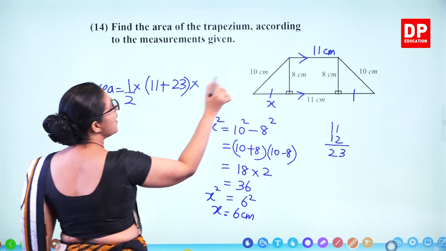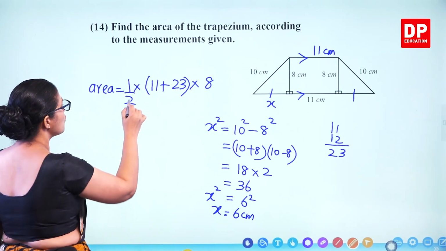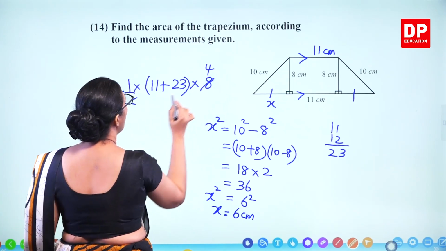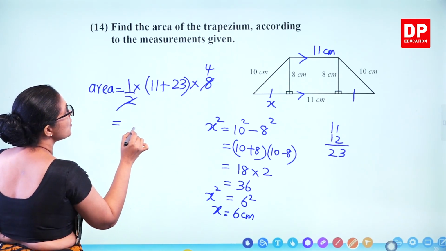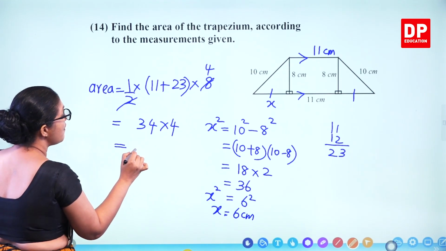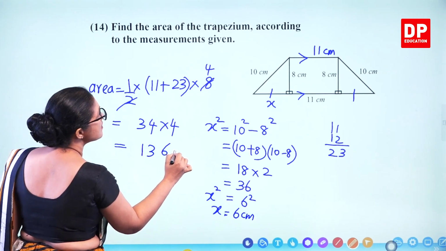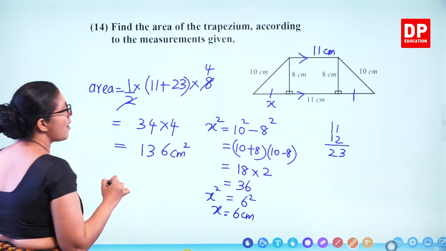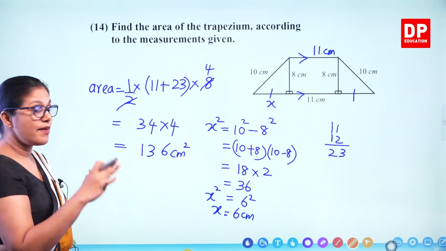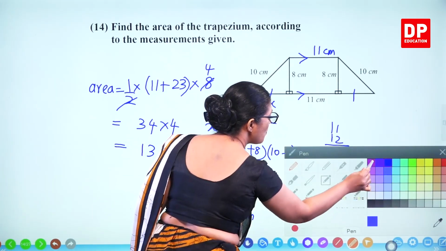And multiply by the perpendicular height. That's 8. So 2 times 4. 23 times 4... you get 34 times 4. What's the area? 136 square centimeters is the area of the trapezium. 2 marks for that.